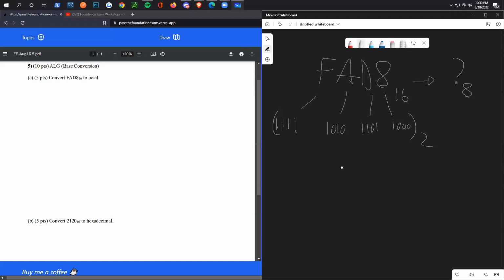Now pretty much what we end up doing is we just group them up into groups of 3. So we have 4, 4, 4, 4, so we have 16 bits. Let's put it into little groups of 3, starting from the right side.